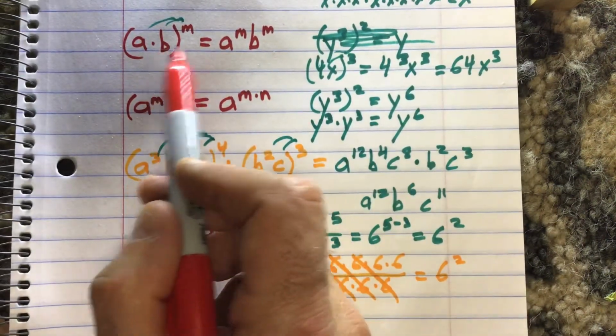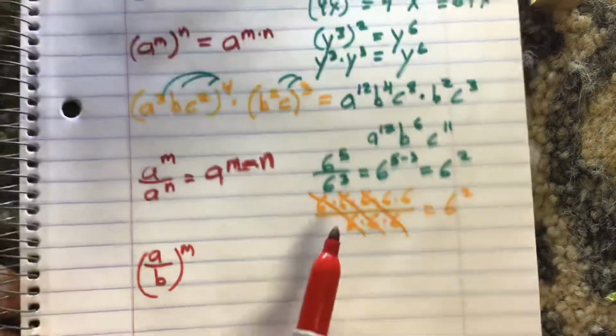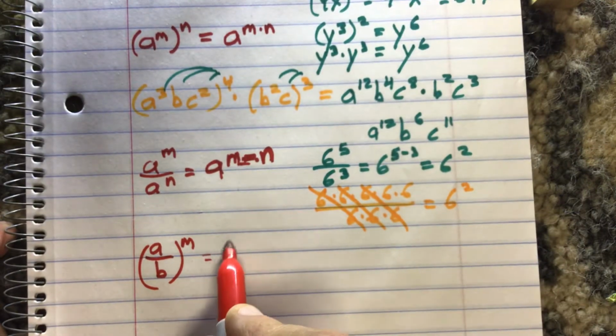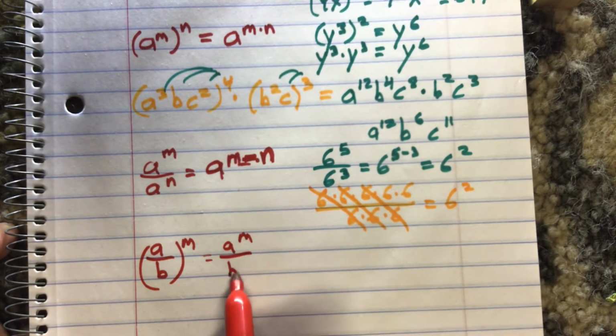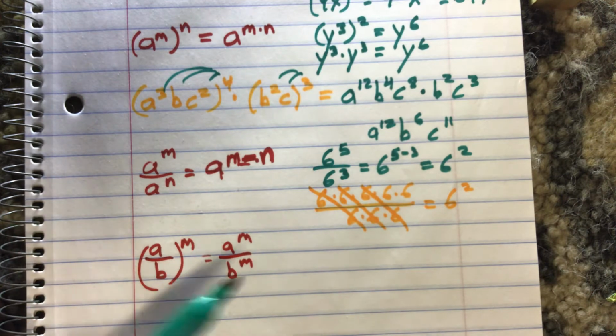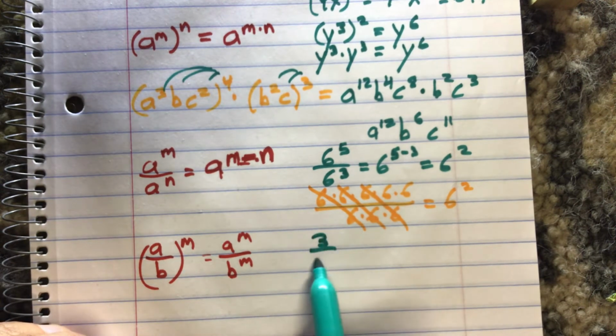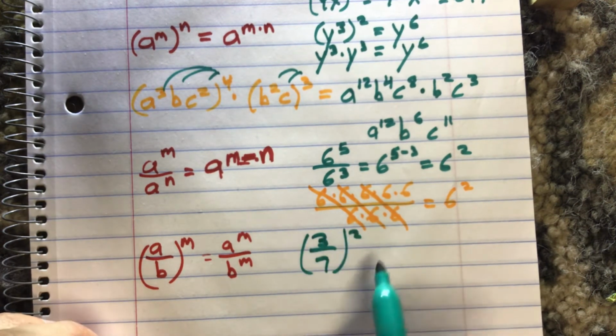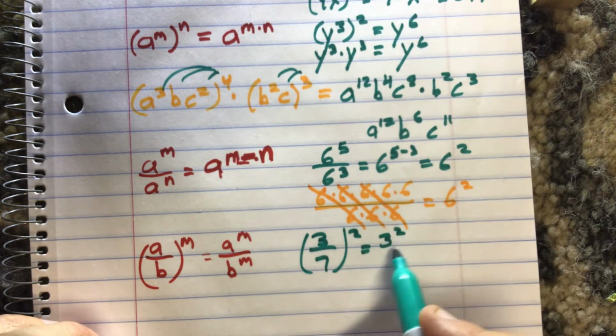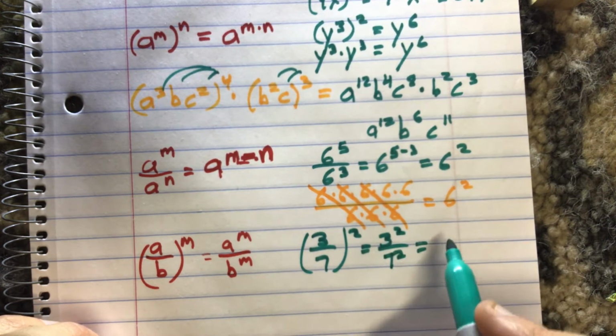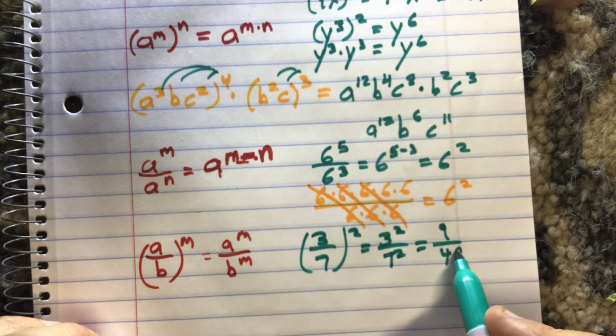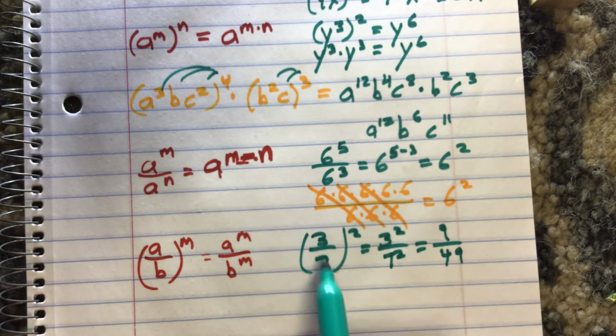You're distributing m to each term, so it's a to the m over b to the m. That's pretty straightforward. If you had 3 over 7 squared, that would be 3 squared over 7 squared, and that's 9 over 49. So just distributing it to each term.